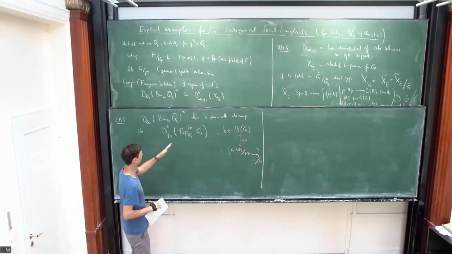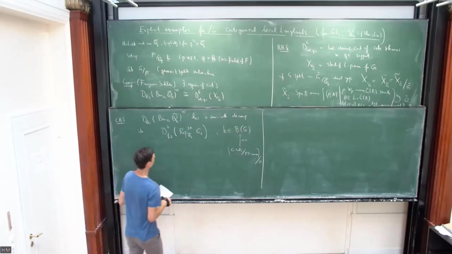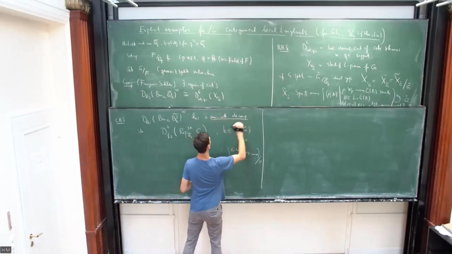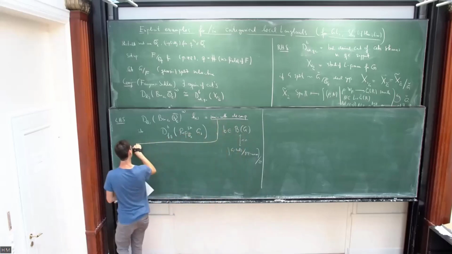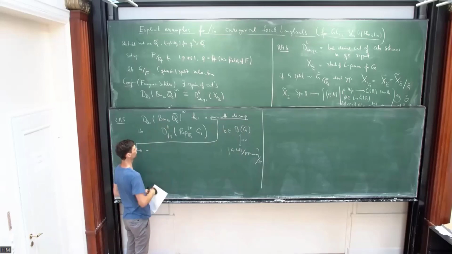Okay, so you have this decomposition, and a semi-orthogonal decomposition in particular means that these categories generate the whole thing.